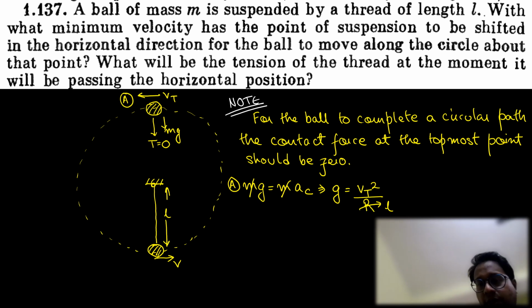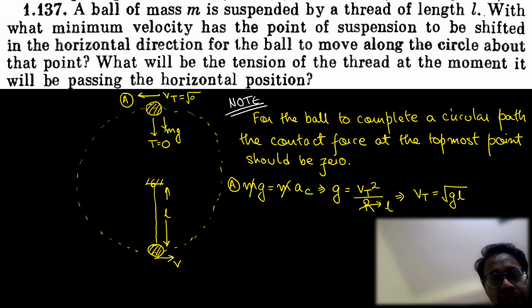So vt square is equal to gl, and velocity at the topmost point is equal to under root of gl. So the condition for minimum velocity such that it completes the whole circle is that the velocity at the topmost point is under root of gl.